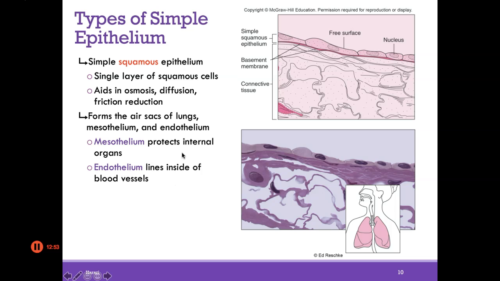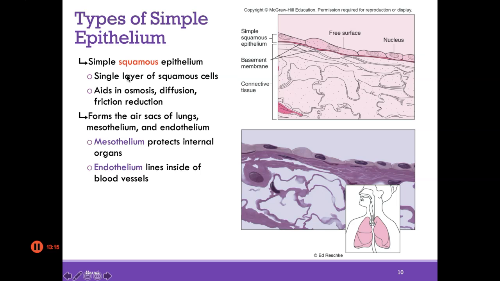So mesothelium protects our internal organs, regulates things that go in and out. Endothelium lines the internal lining of our blood vessels and allows things in and out. So we need rapid diffusion of gases and nutrients. So that's why we only want to have a very thin layer of the thinnest cells possible so things can go in and out very, very easily.